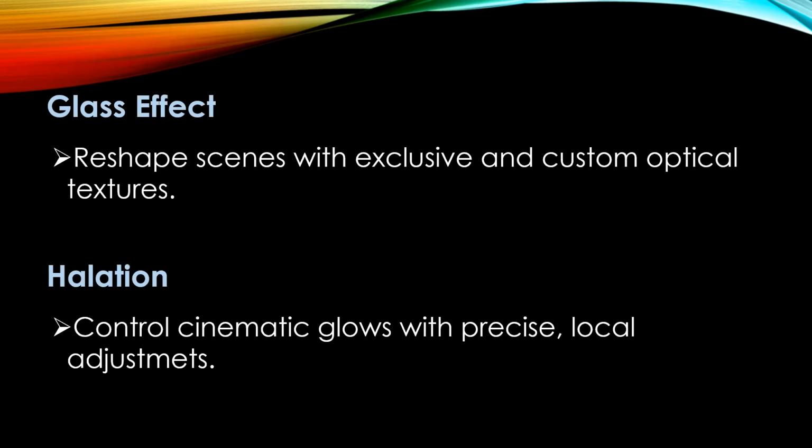And then we have some glass effects, so you can have your image look like it was shot behind all kinds of different glass effects. And then there's also halation, which I had to look up what it actually means. It's another cinematic effect, and it works really well with bright areas, like if you had street lights or lights from a car or something. It adds a specific glow. So I'm going to show you that way of using it, and also a way that I tried that I thought was pretty cool.